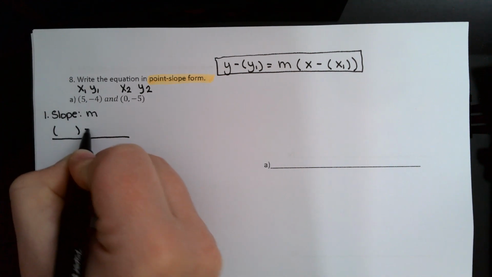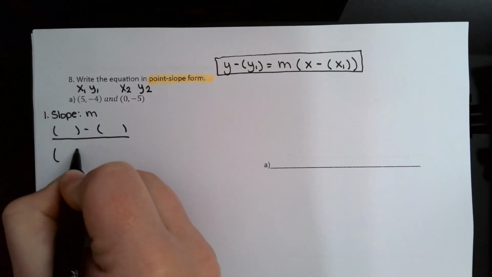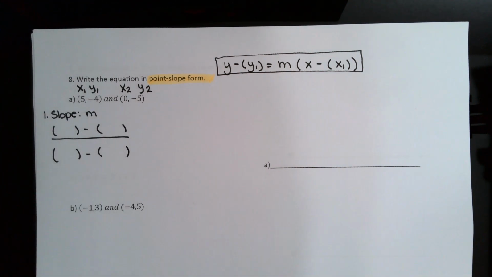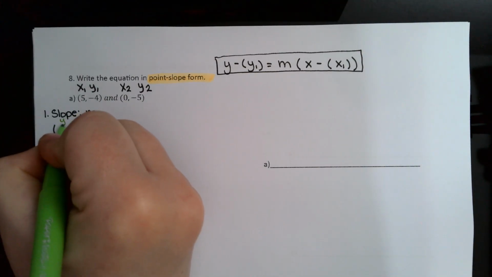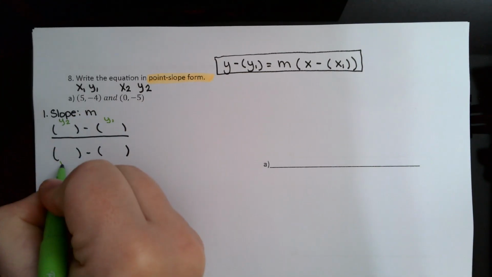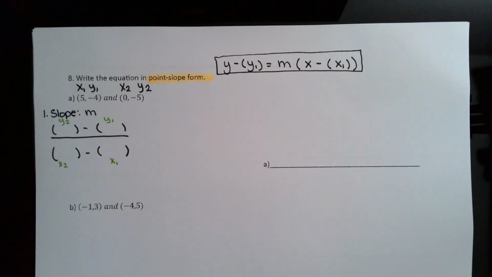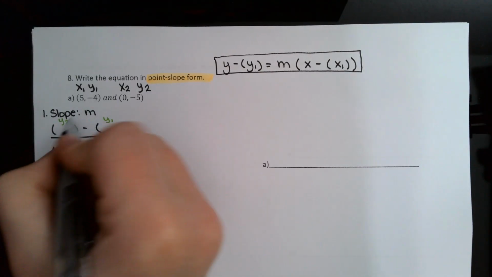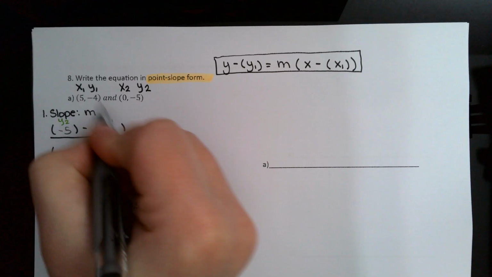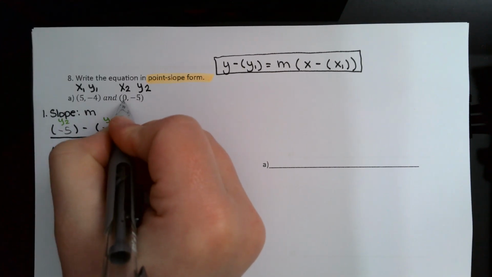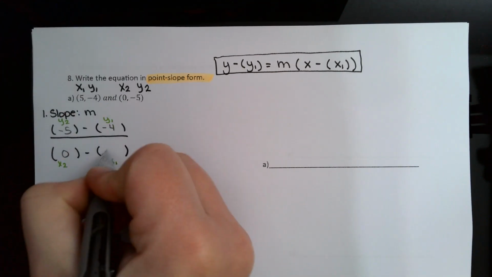We got to write out our slope formula. How you label your points is different than how you use the slope formula. So be careful. Labeling your points, you got x1, y1, x2, y2, but your formula is y2 minus y1 over x2 minus x1. We're going to write in y2 is -5, y1 is -4, x2 is 0, x1 is 5.